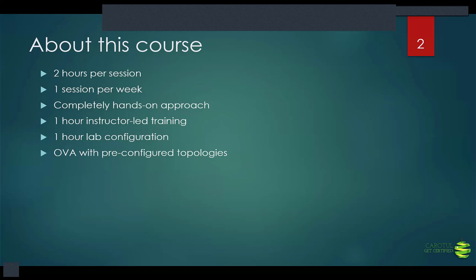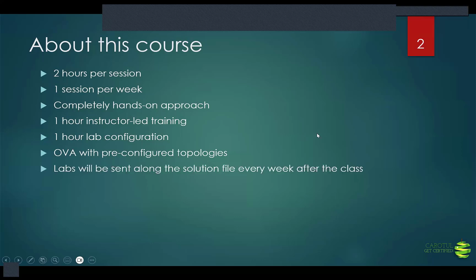And when you import it and you boot this OVA or EVNG, you have a working set of topologies which you can start configuring right from day one. So that's also a big help when you want to learn Juniper, because you don't need to worry about anything else. You can directly start practicing the Juniper operating system itself, the Junos itself, right? So that's another big USP of this course.